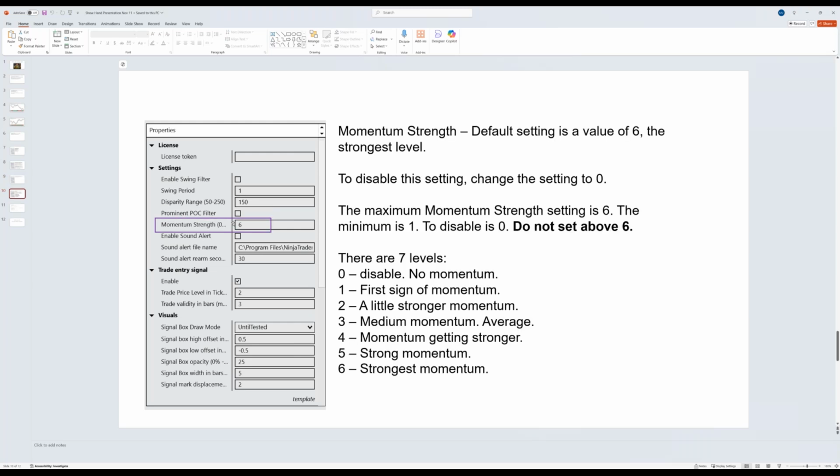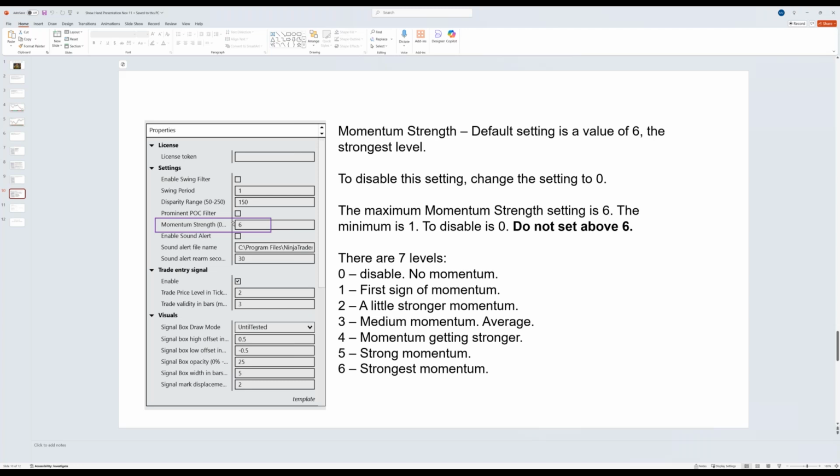Now, the momentum strength, the default setting is set to 6, which is the strongest level. Okay, and what the momentum strength does is it just measures the momentum of the market. To disable it, if you don't want to use any momentum strength, and I'll show you guys some charts with it enabled and with it disabled, you would set it to 0. And again, 6 is the strongest. 1 is sort of the minimum amount of momentum. 3 is kind of the average.